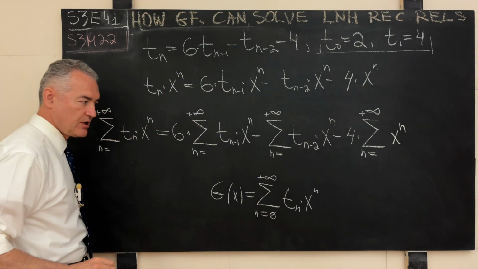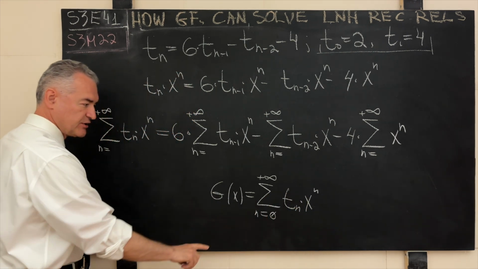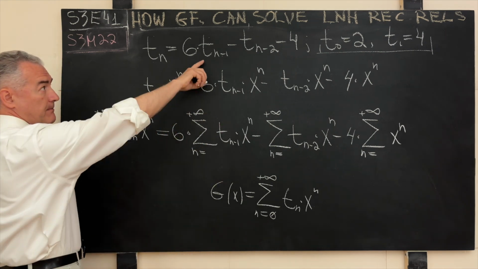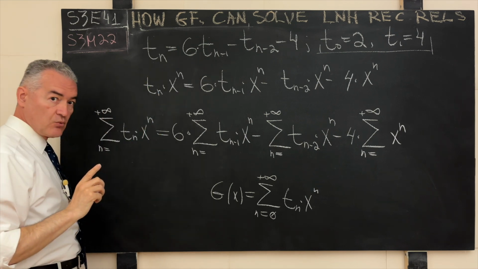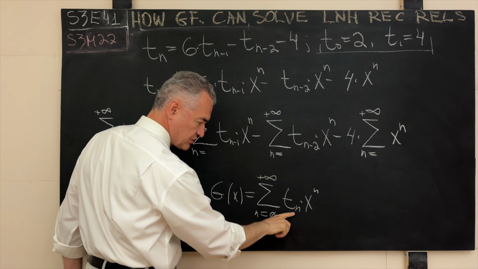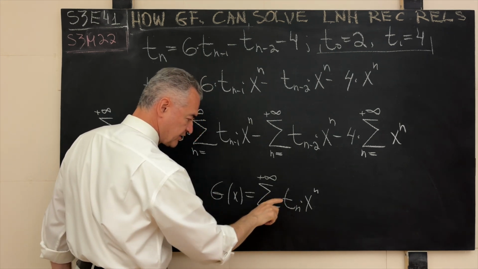And here the numbers Tn, the coefficients in the Taylor series expansion of the mystery function g of x at the origin, match precisely these numbers over here. So if we manage to produce a finite combination of elementary functions that sits over here, we'll simply read the numbers Tn off of that expansion.